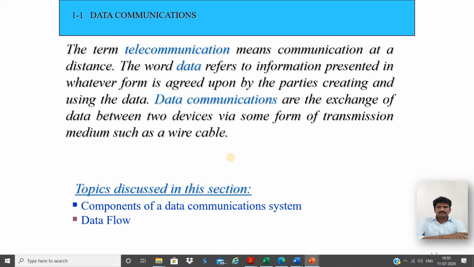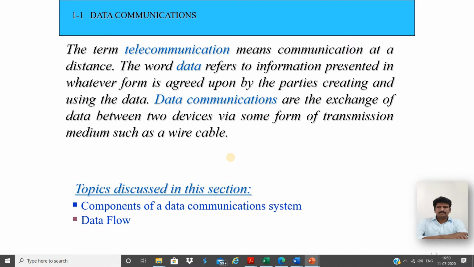The devices are often referred to as nodes, meaning the devices connected to the network, like computers, printers, and scanners. All of these are called nodes in the computer network.